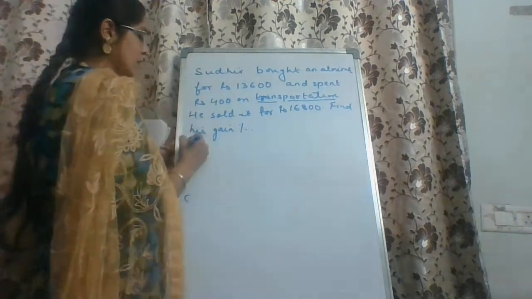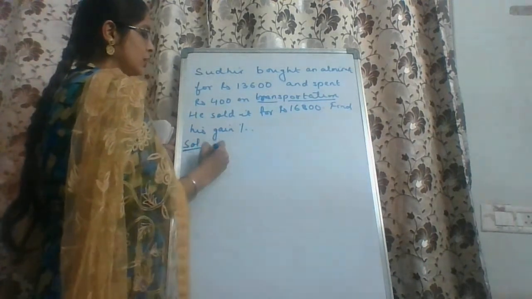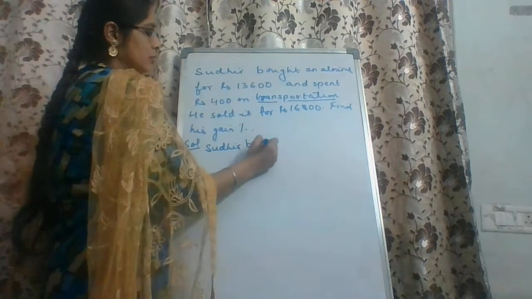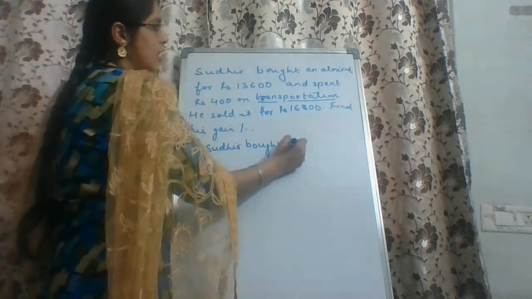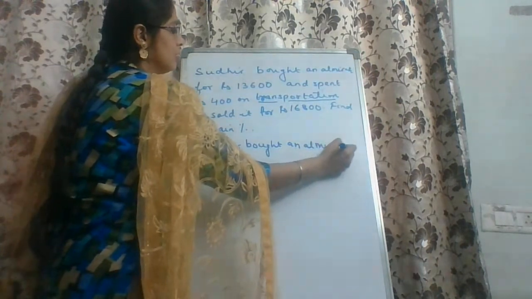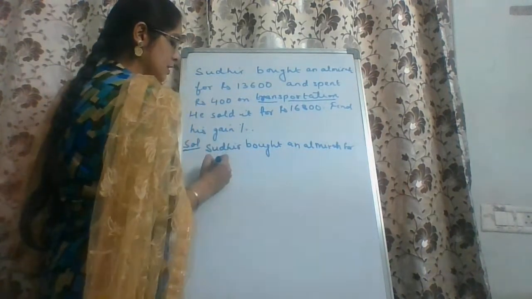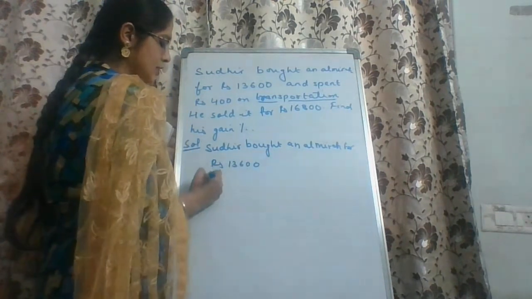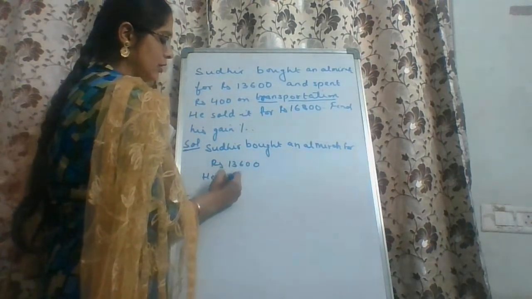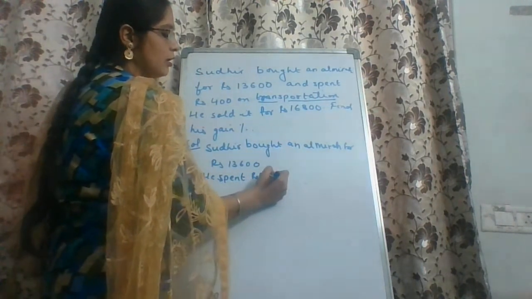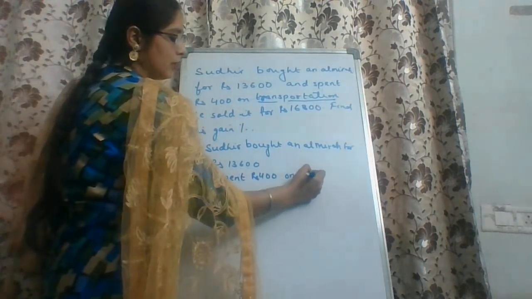Okay, let us solve this. Sudhir bought an almirah for rupees 13,600. He spent rupees 400 on transportation.